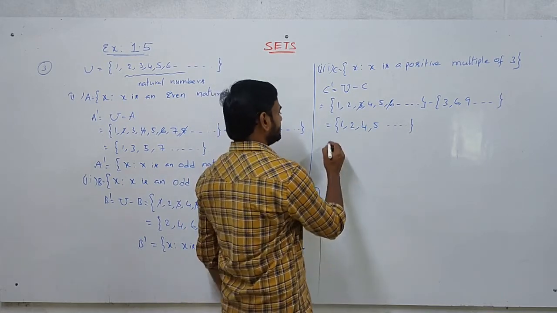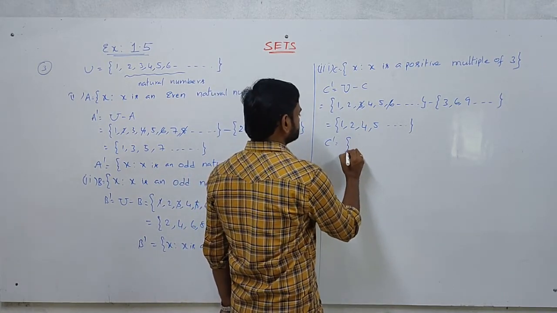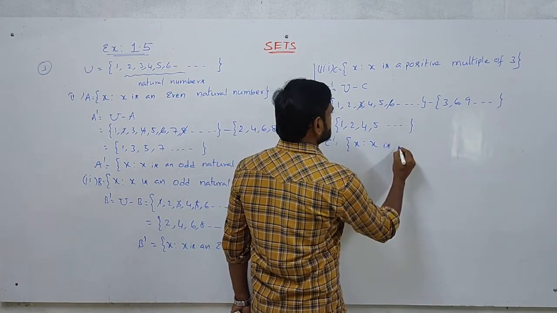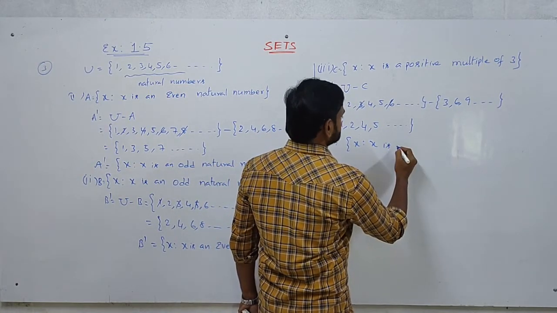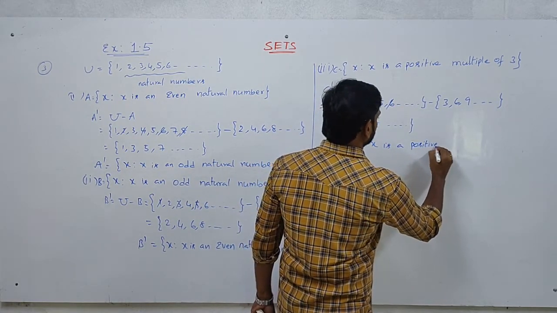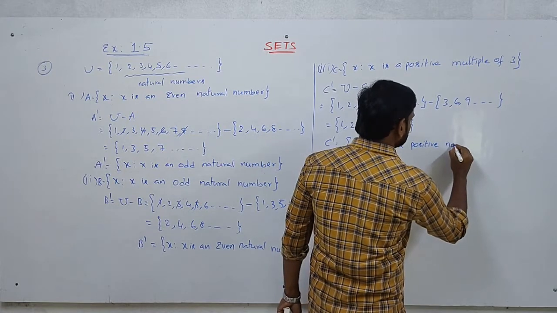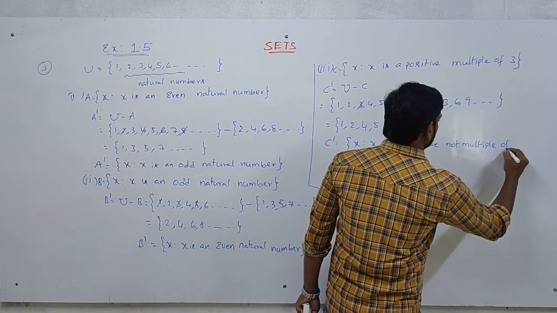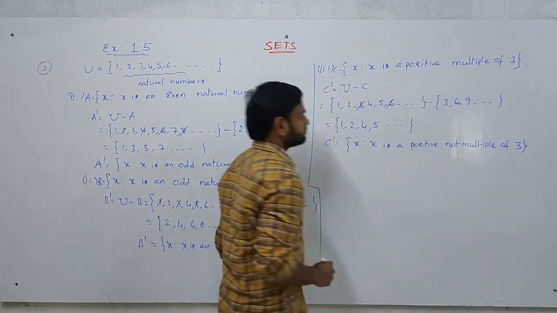So what can we write here? C dash equal to x such that x is a positive not multiple of 3.